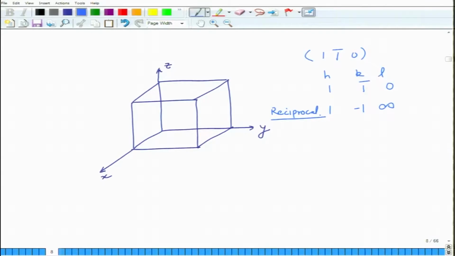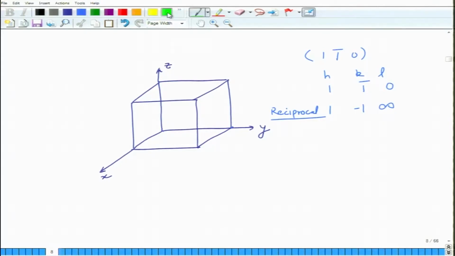Since I have k as minus 1, I need to choose an origin so that I am able to go a distance of minus 1 in the y direction. If I keep this as the origin, I can only go positive in x, positive in y and positive in z. However, if I shift my origin here, I can go positive in x, and in that direction I go negative in y, and it is important that this is within the unit cell.